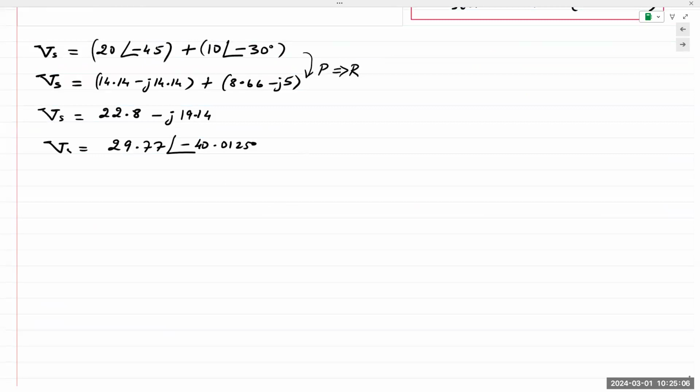And so the final answer for Vs of t is a peak value or magnitude of 29.77 cos(omega t minus 40.01 degrees).